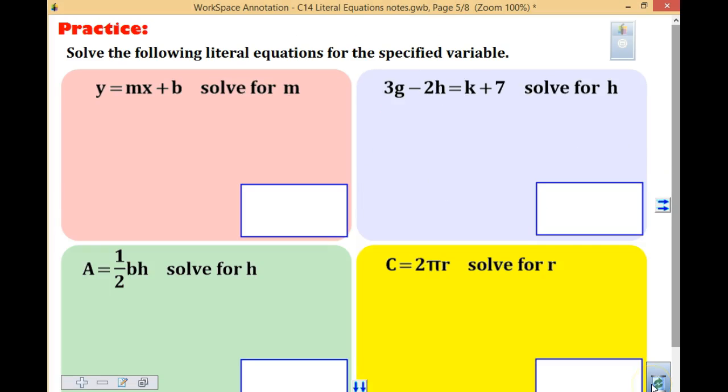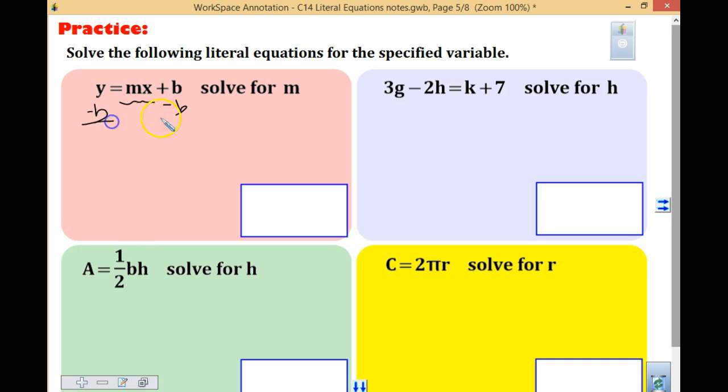All right, so on the top, or on that next screen down, again, solving literal equations. This is what you're going to be asked to do in your homework. So if we are starting off, Rowan, and we want to solve for M, that means I have M and X together. What do I have to get rid of that's with the M and X? So to get rid of a plus B, I'm going to subtract b.